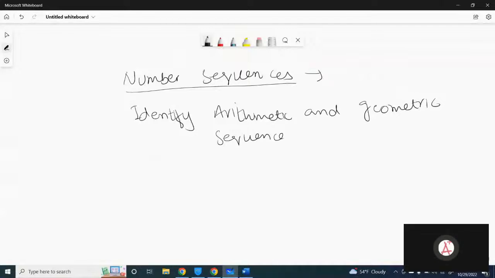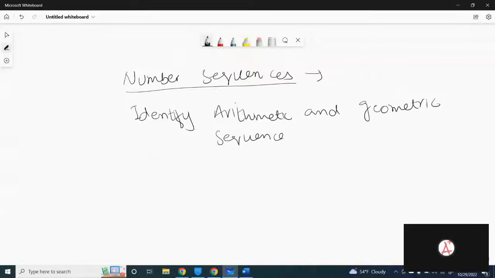Got it? Okay, so let me write down the definitions. Please note the definitions. They are very important when doing practice questions. So please make sure to note down the definitions. I'm going to start with the arithmetic sequence.